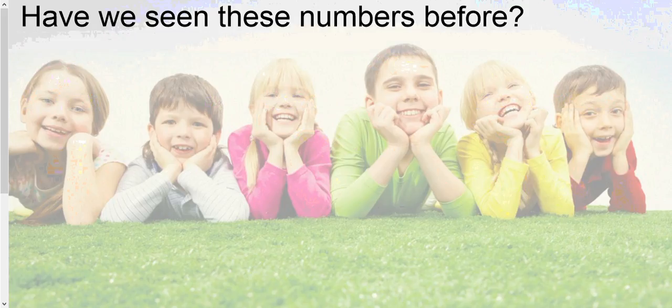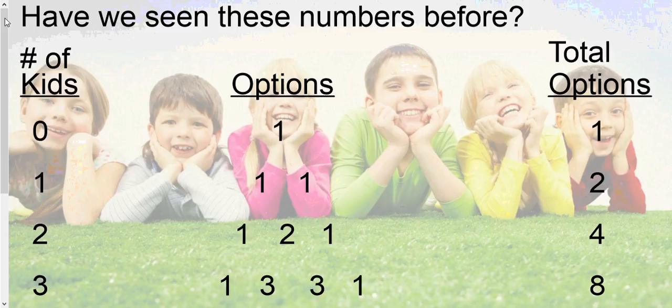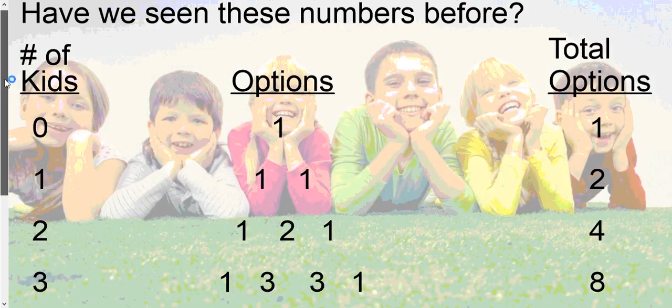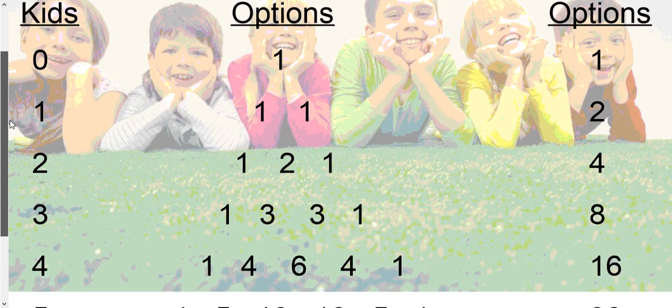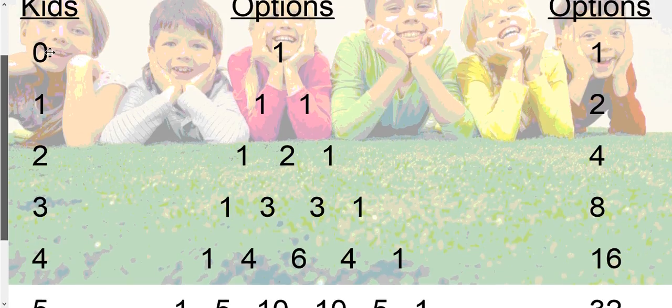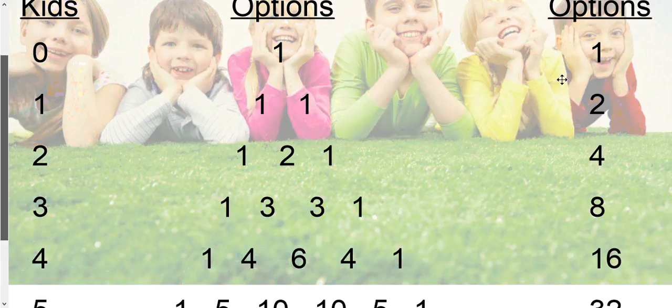I would say yes. When we look at all the total options, here we had a family of 0 children. There was one way to do that. A family of 1 child, where you could have 1 girl or 0 girls, and there were 2 ways to do that.